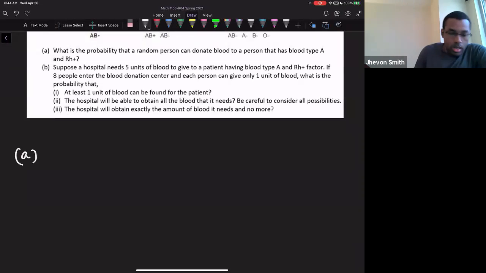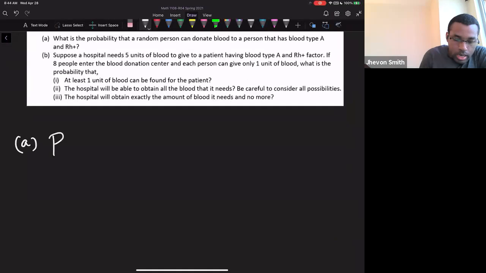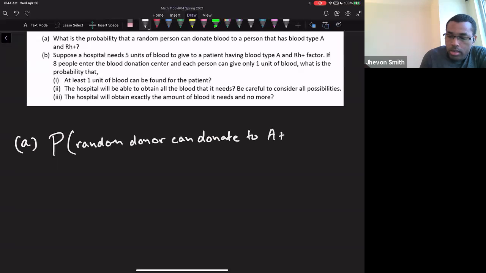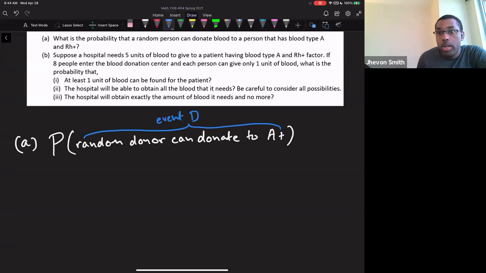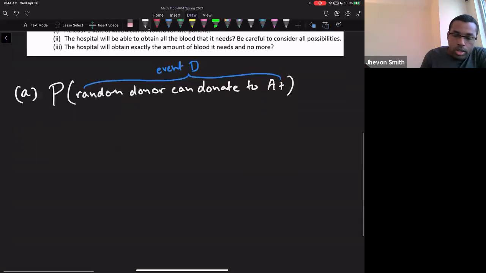So we want the probability that a random donor can donate to A positive, right? Call this event D, probability of donate. So this, of course, is going to be equal to what?